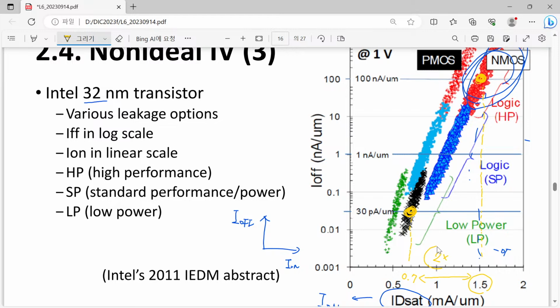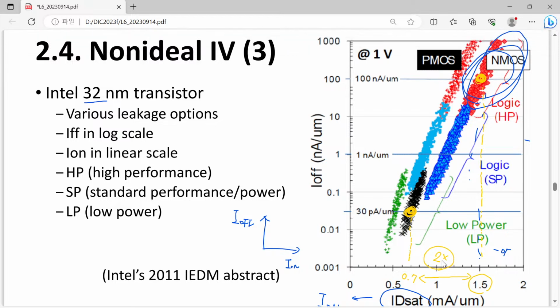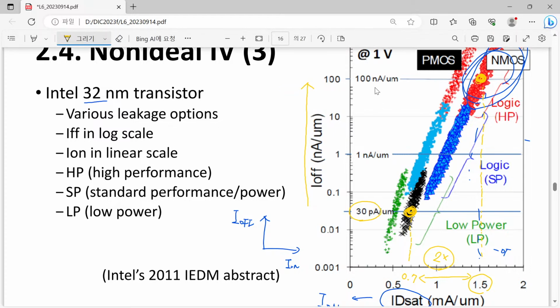In order to get 2 times improvement in your on current, what you get is an increase of leakage current from 30 pico to 100 nanoamp.